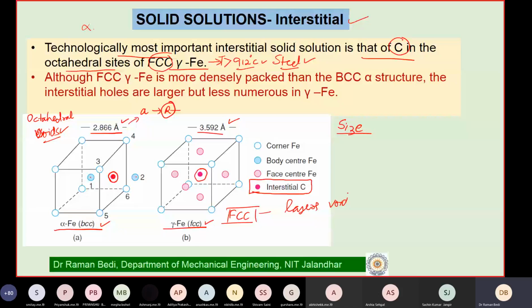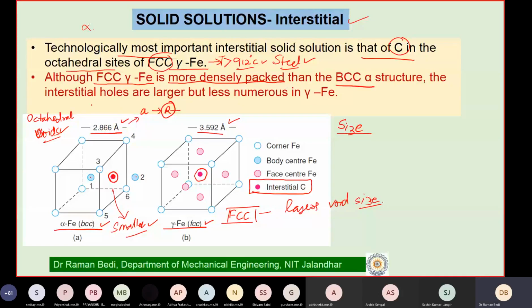The void size in the case of your BCC happens to be smaller as compared to FCC. As I already said when we discussed the transformation from alpha to gamma, your gamma iron is more densely packed. It has higher density than your BCC. That is why the volume reduction was observed, which I explained in the last class.